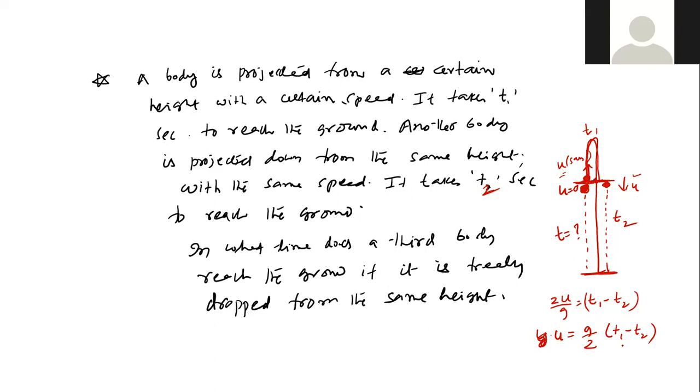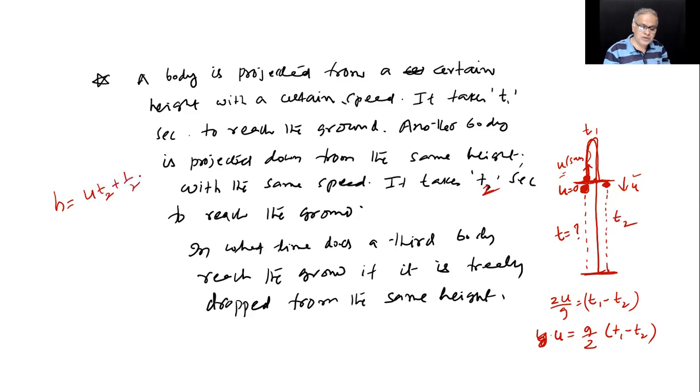Now what will I get? Yes, sir. We can use this in the equation h equals ut plus half at squared, to find out h. So h equals, I'm writing on the left-hand side, u t2 plus half g t2 squared, isn't it? Plus or minus?